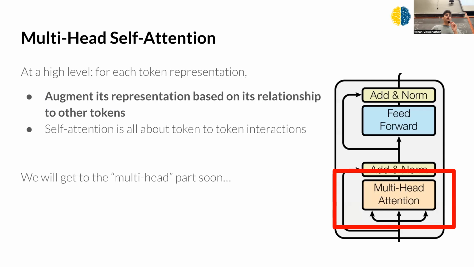At a high level, for each token representation, we want to augment its representation based on its relationship to other tokens. What does that mean, right? We want to allow the model to focus on different parts of our input sequence and compute multiple attentions in parallel, and then use that information to determine what is most important. Our input sequence is transformed into multiple attention representations, and we want to focus on these token-to-token interactions in each representation.